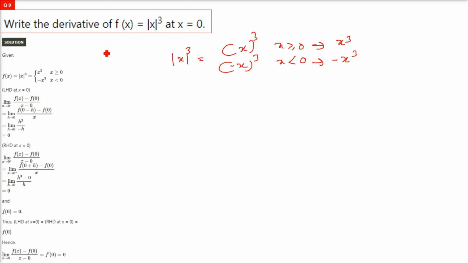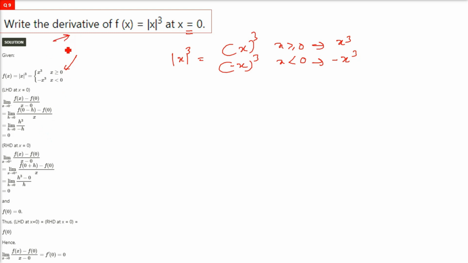So how are you going to find out the derivative? You can do it using the left hand derivative and right hand derivative. The values are going to be the same. Now the question is saying write the derivative of f(x). It was not being said check the differentiability of this function.